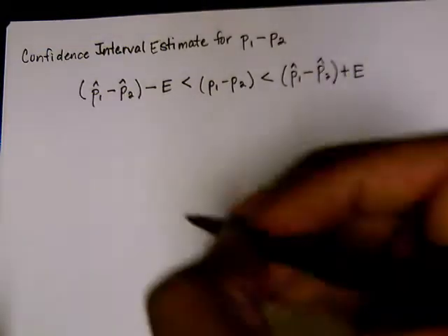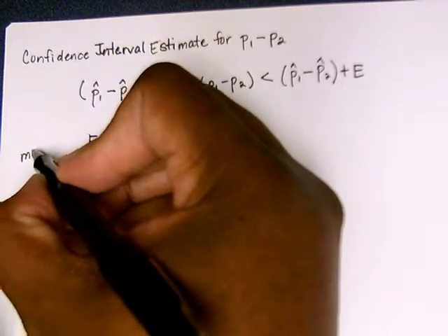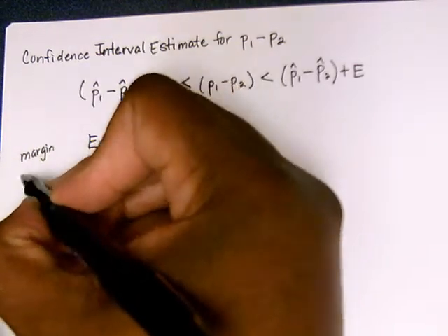And that's where the margin of error, which is what E is, so your E is going to be the margin of error.